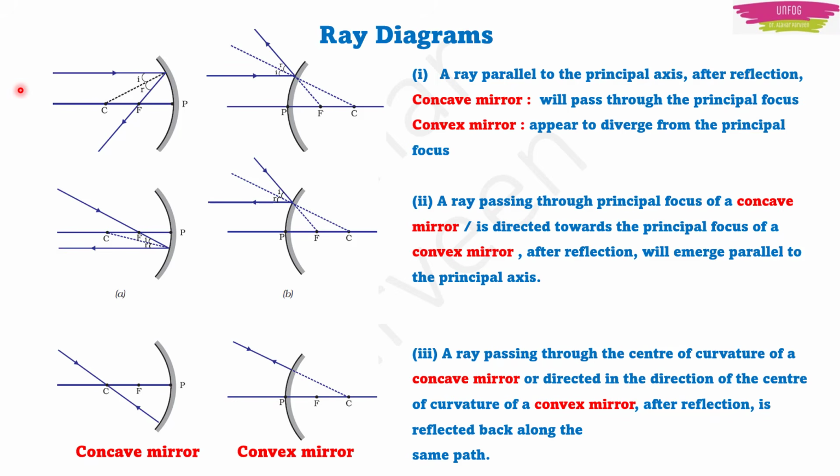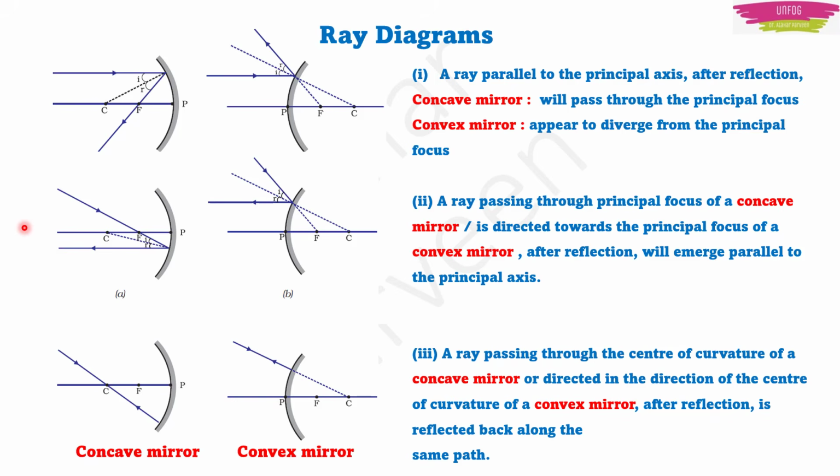The first is that if the incident ray is parallel, then the reflected ray will be going through principal focus. Second rule is that if the incident ray is passing through the principal focus, then the reflected ray will be parallel. You can just observe the first case and the second case, they are opposite. Okay, they are opposite. Here incident ray is parallel, so the reflected ray is going through focus.